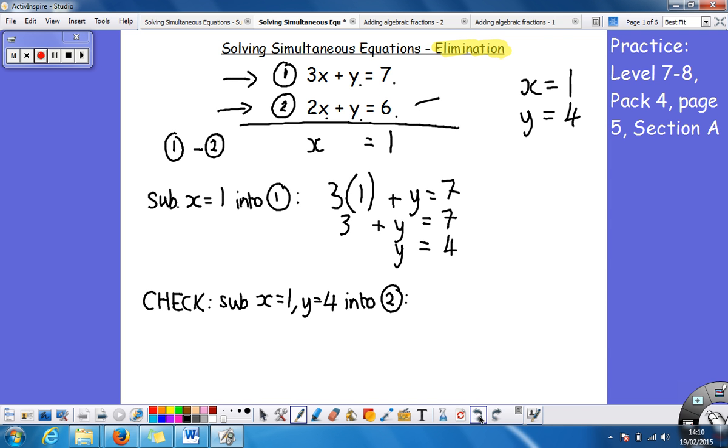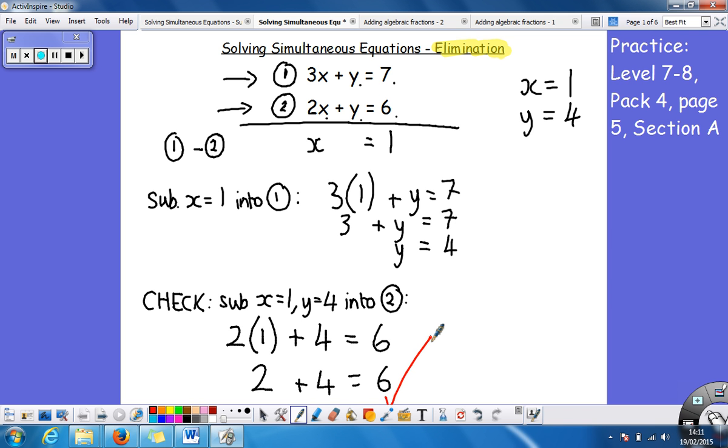Equation 2 is 2 times my x, which is 1, add y, which we've calculated is 4, should give me 6, while 2 times 1 is 2, add 4 is indeed 6. So for that equation, our solutions are correct. So x must equal 1 and y must equal 4. We know that we've got the correct solutions there by doing that simple check.